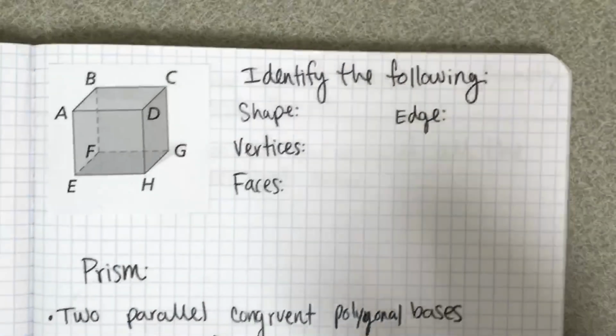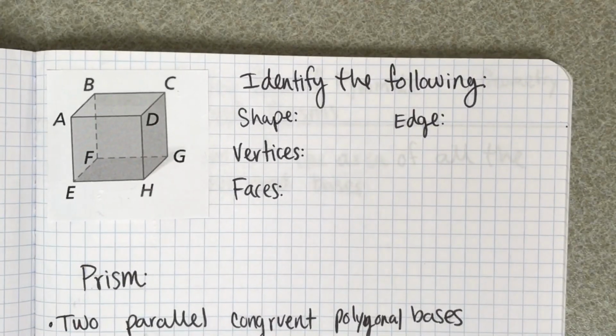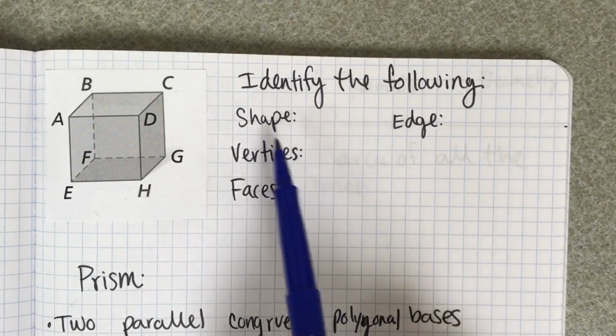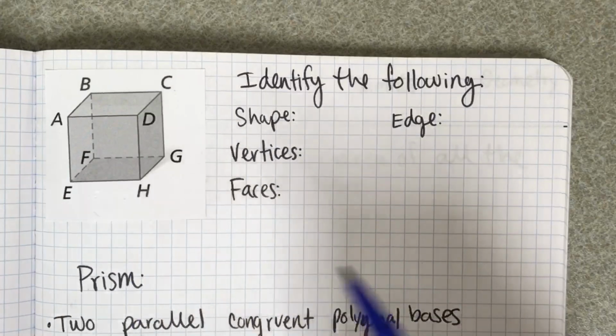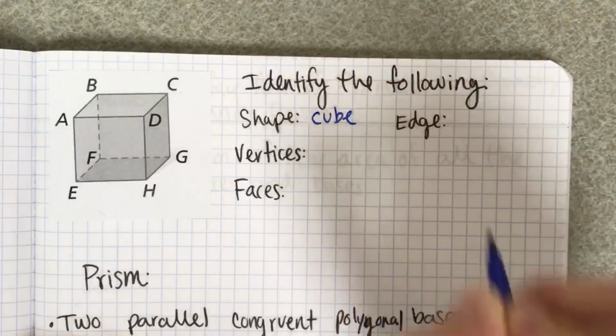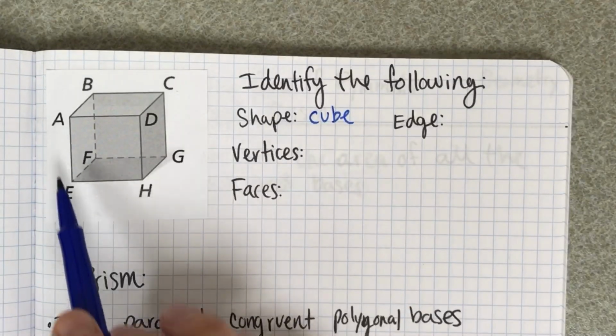So first, let's talk about a shape using our new vocab words, okay? So first, we just want to identify the following. First of all, what shape is this? Well, this is a cube. All right. To find the vertices, those are those points.